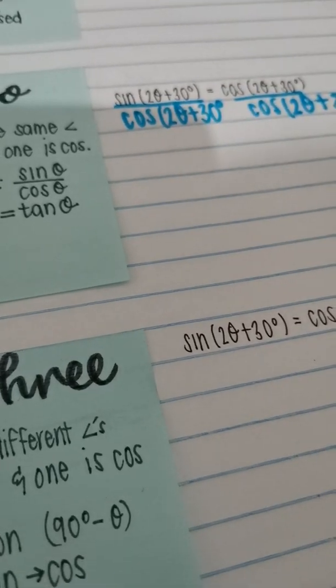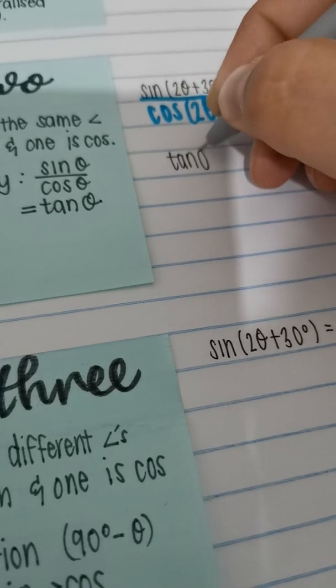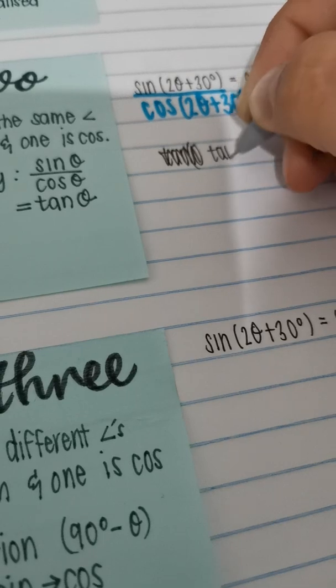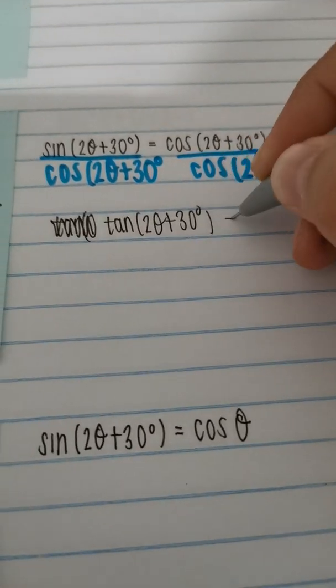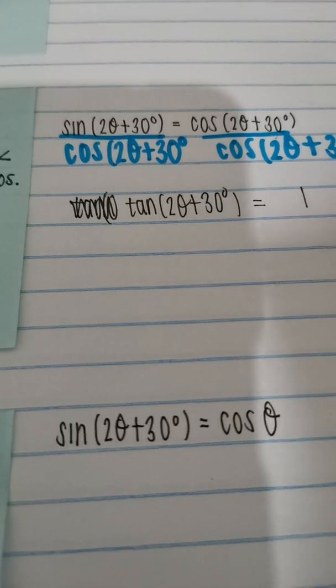Once you've done that, this becomes tan 2 theta plus 30 degrees, and the side here ends up becoming 1, because cos over cos of the exact same thing is 1.